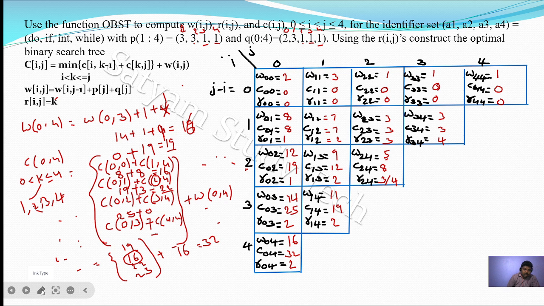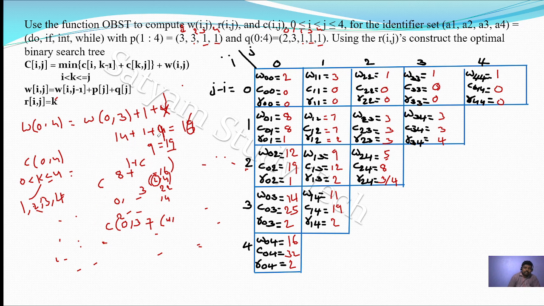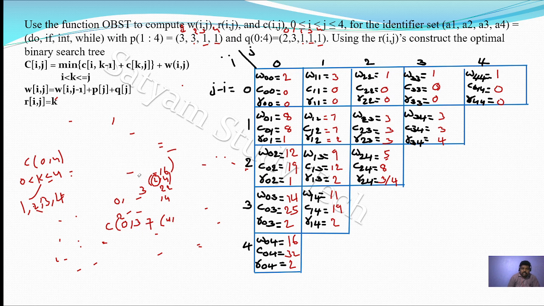Now we can draw the optimal binary search tree by using this table data. You know already r of i j. It is simple to remember how we can construct the optimal binary search tree based on this table.